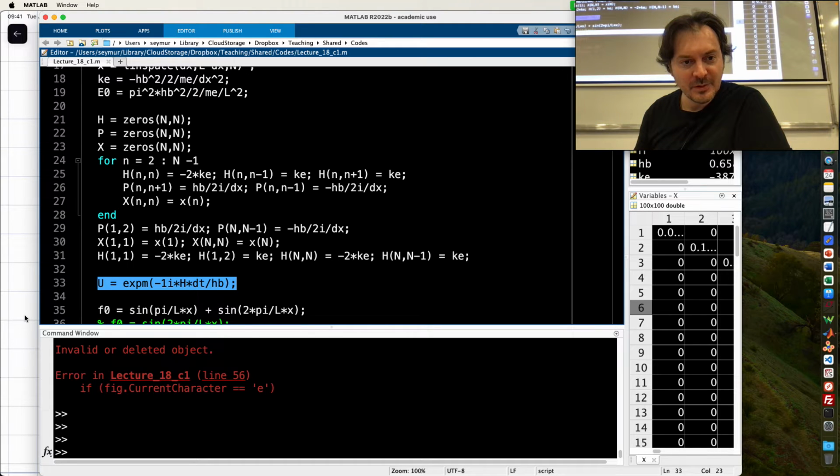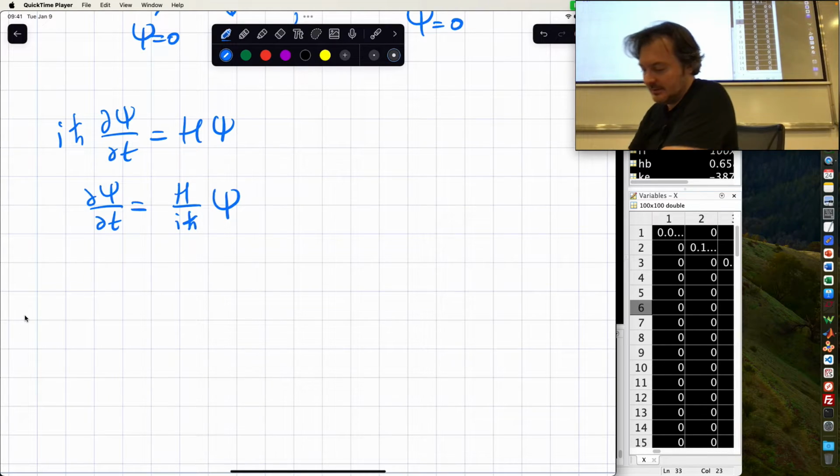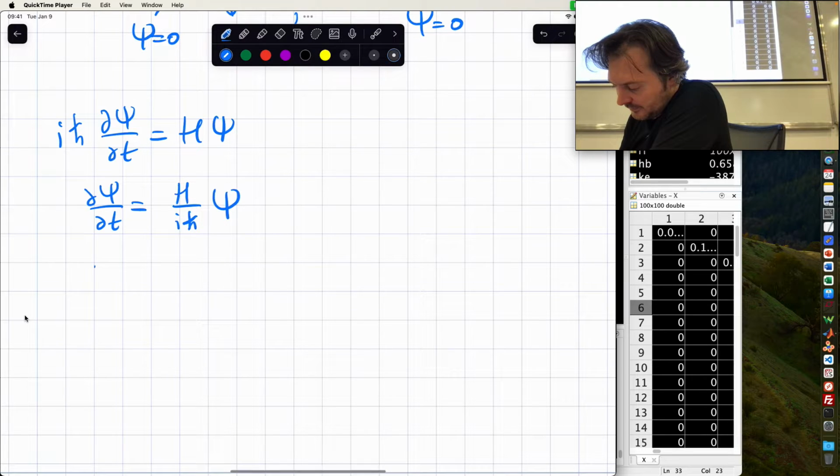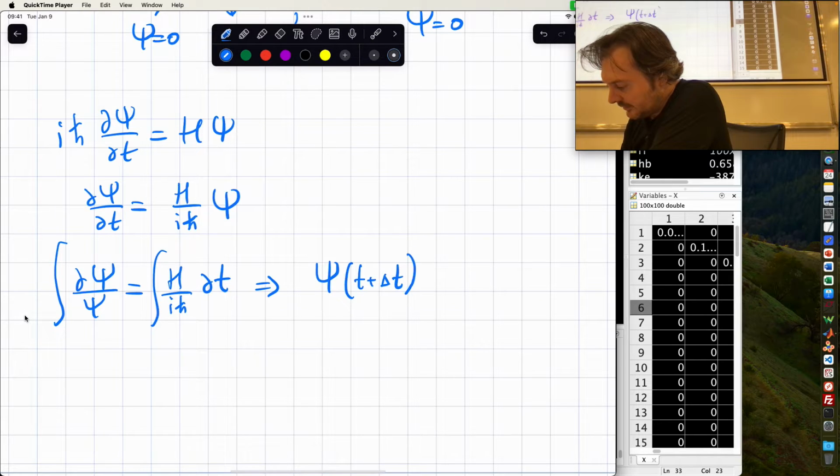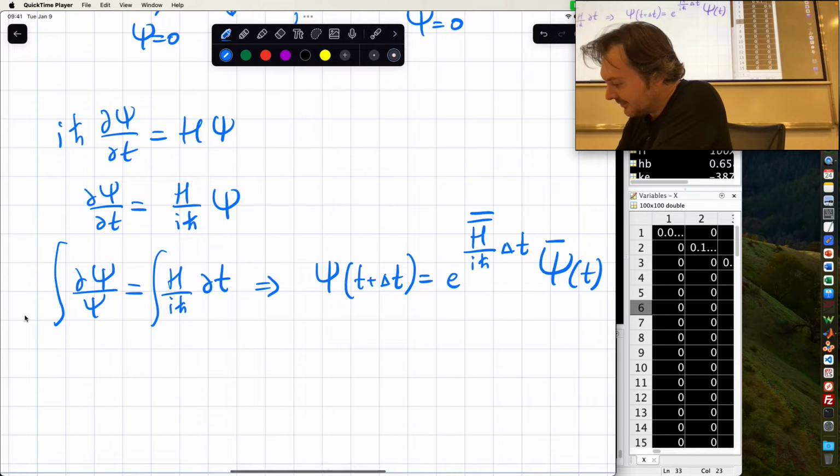Let me remember what was happening here. If I want del psi over psi equal to H over i h bar del t, integrate, and you are going to get psi at t plus delta t equal to psi at t, but operated by e to the H over i h bar delta t matrix times psi at t.